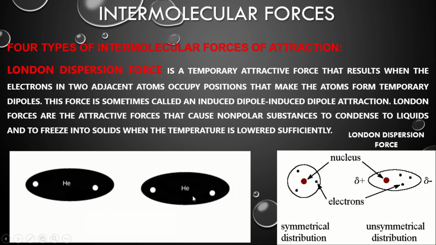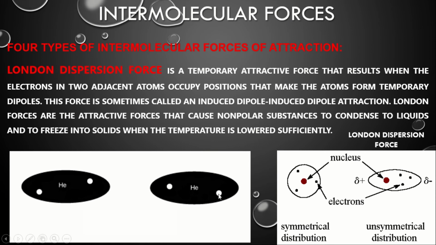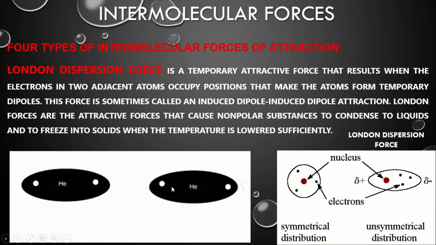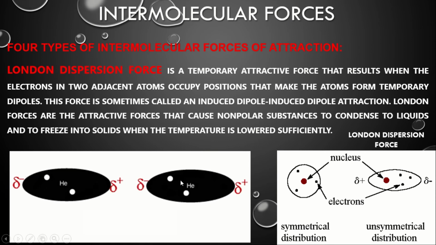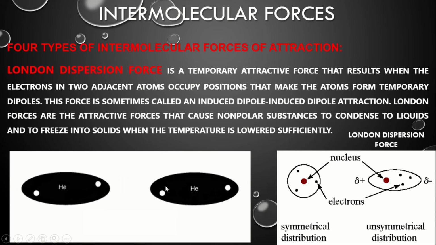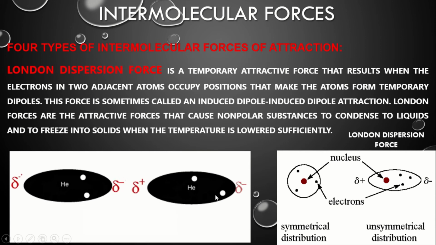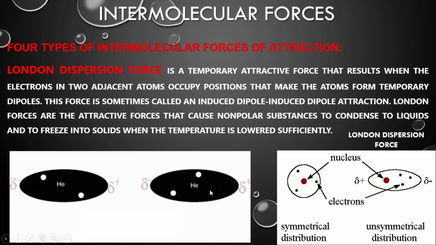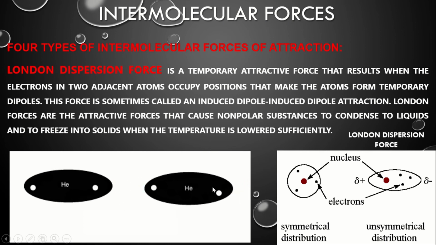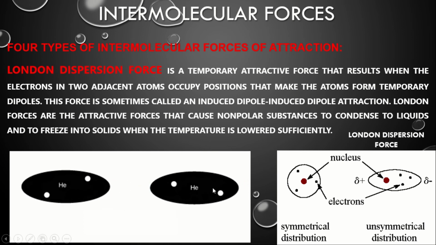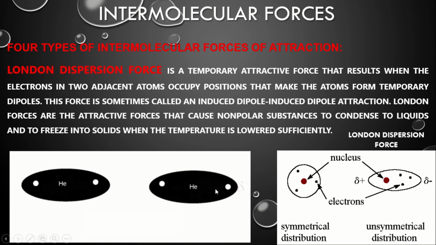Now there are instances na kung saan yung electrons ng helium ay mapupunta lang sa isang side. Kagaya nito, kapag yung mga electrons na to ay napunta sa iisang side lang, napunta dito sa part na to, then that means magkakaroon siya ng temporary dipole. Temporary kasi mabilisan lang yon.